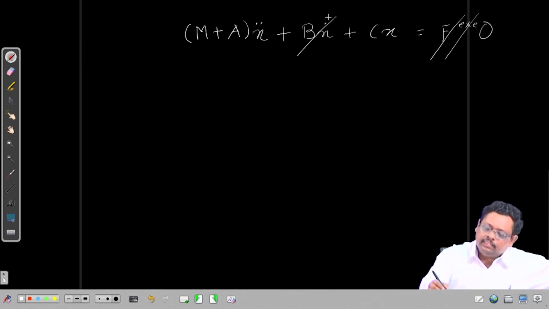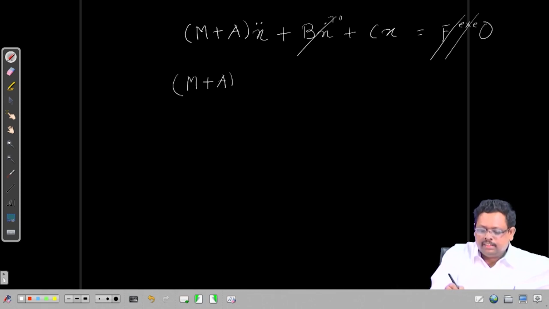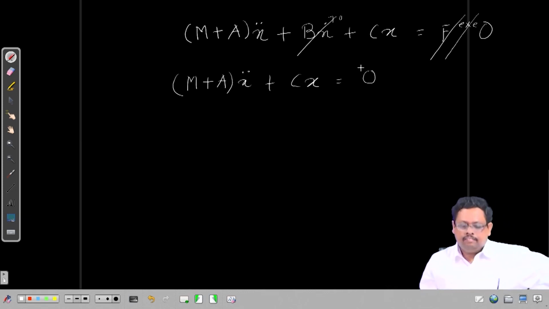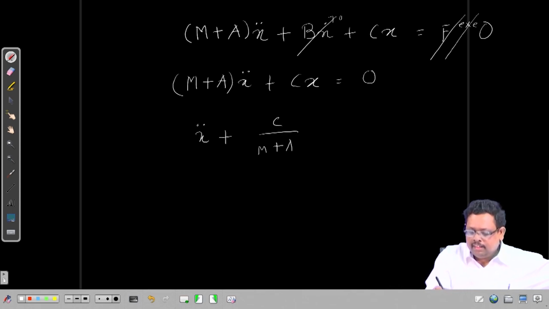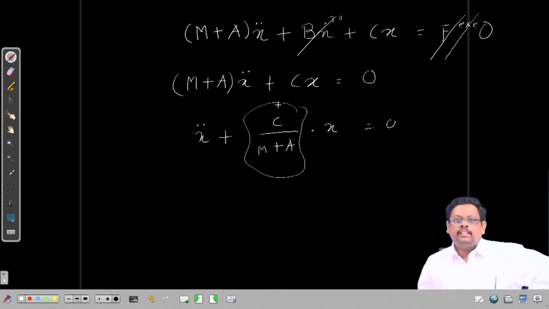Then we have a very simple equation: (m plus a) times x double dot plus c x equals 0. Dividing both sides by (m plus a), x double dot plus c divided by (m plus a) times x equals 0, and this is nothing but the natural frequency, right.